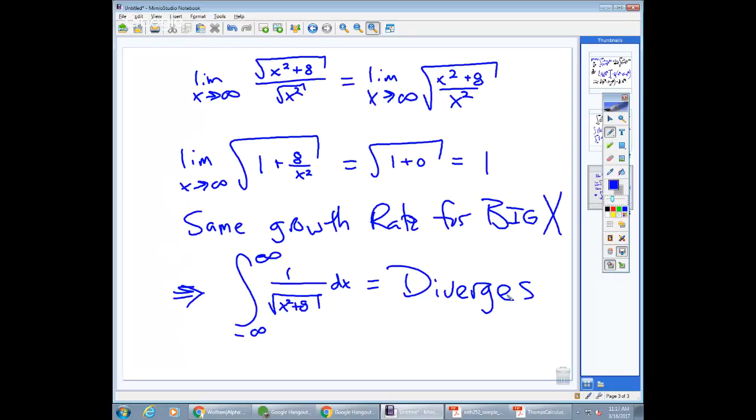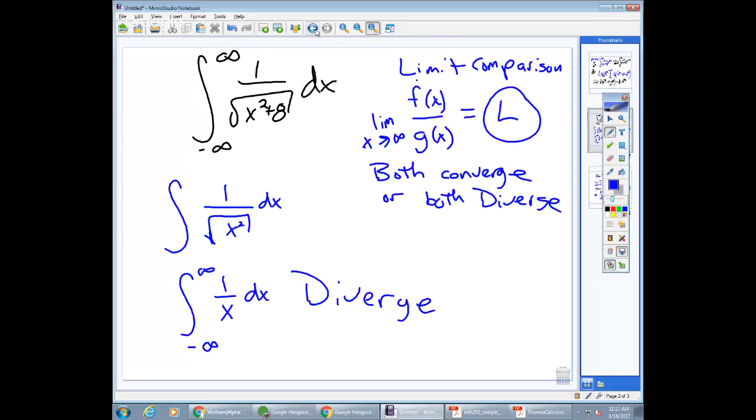It could mean it doesn't settle down, or it grows without bounds. Okay, so doesn't settle down means it bounces around between different answers, like a sine function bounces around, right? So in this case, diverge means it's going to grow without bound, which is what we discovered when we did this integral the other day. It kept getting bigger and bigger and bigger as we kept moving to the right.